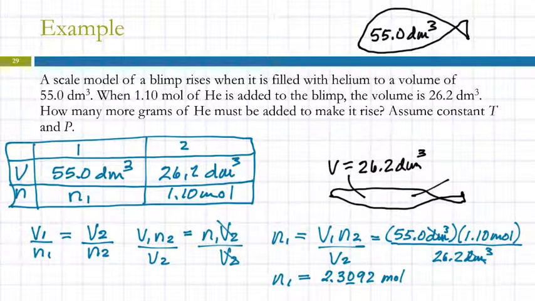And we were told how much helium was in it, 1.10 moles of helium. So we're taking this partially inflated blimp, and we need to get the volume of it up to 55 cubic decimeters by adding more helium. That makes sense, right? We're filling it up so it's going to float. What is this that we calculated?